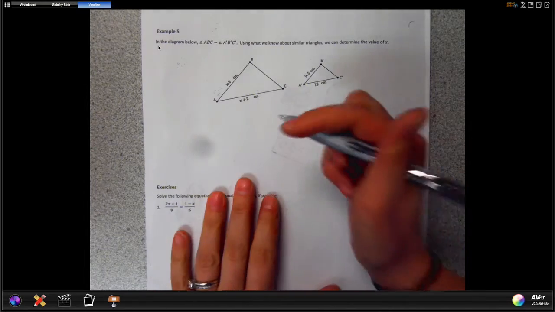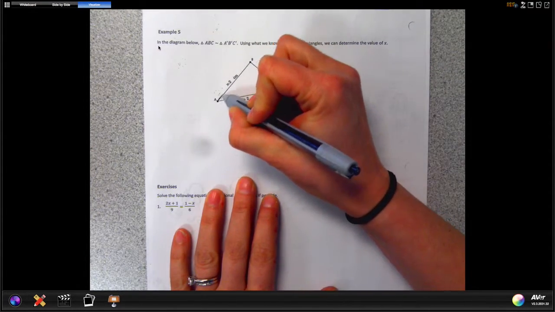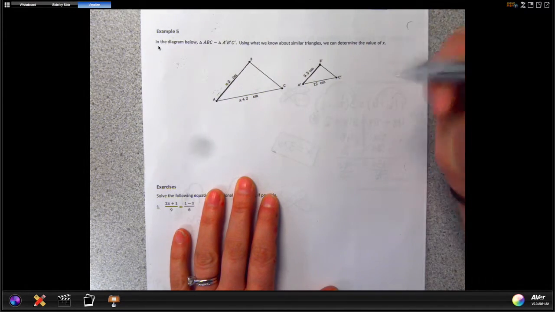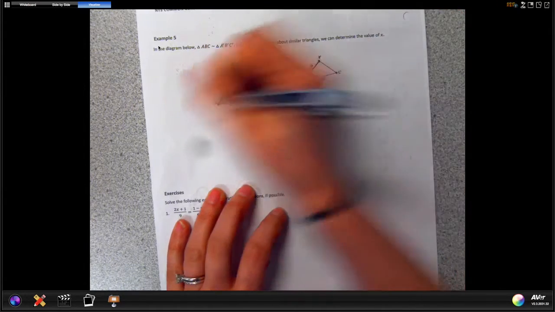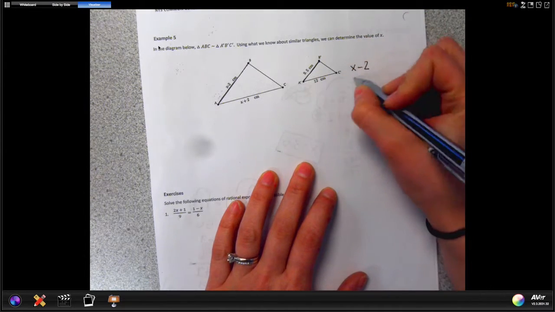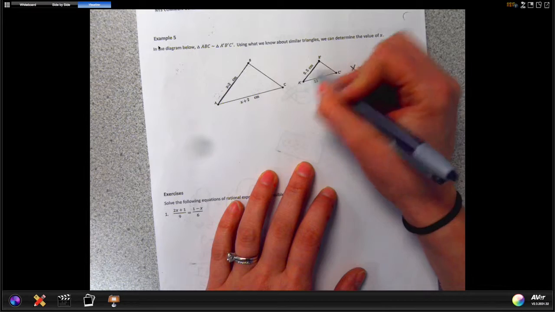If you recall, to find scale factor, we divided. We found a larger side, and we found a match of a smaller side, and we divided them to find scale factor. So I'll do that here. X minus 2 matches with, so AB matches with A prime, B prime, so in this case 9.5.